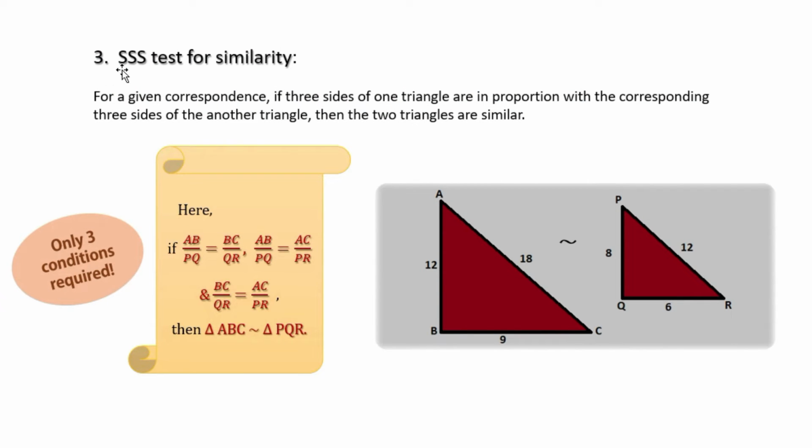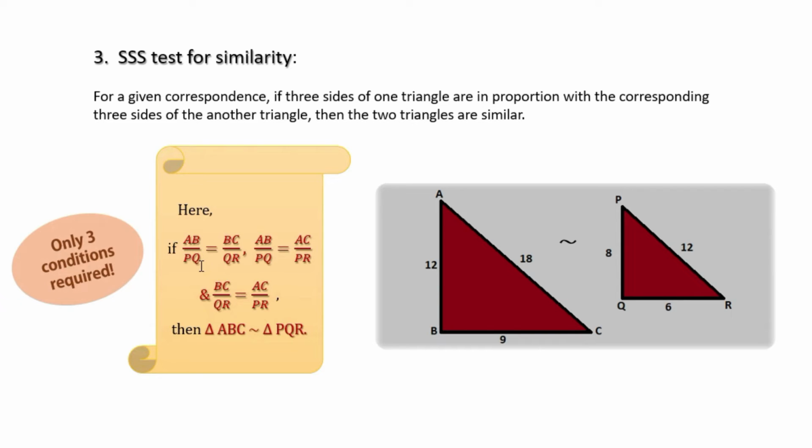Next test is the SSS test for similarity. This is the side test. In this test we have to check, again, three conditions. We have to check the ratio of corresponding sides of the given triangles.